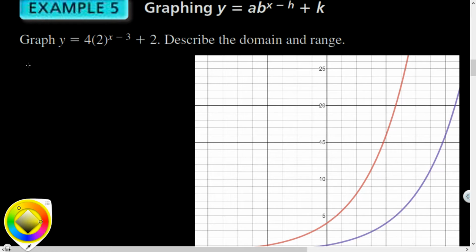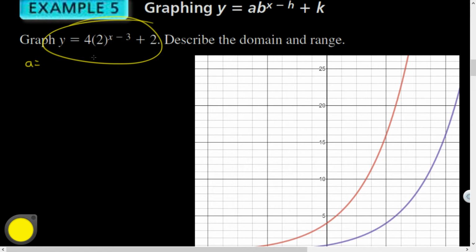Let's do that. What is a in this graph? In this equation? Comparing to these values up here. What is a equal to, comparing this to the general form of it? The a must have been the 4. All right.